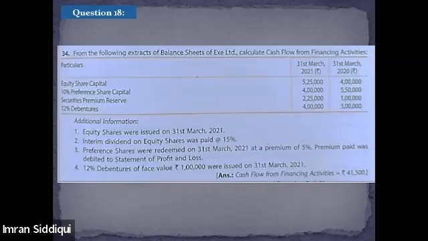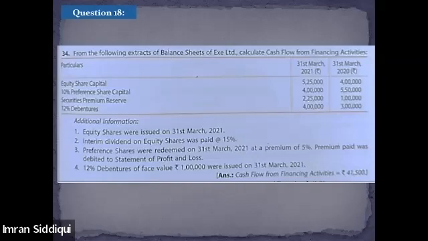4 lakh. No, we will calculate it on the 5 lakh because we have redeemed at the end of the year. So that means for the entire year, the preference shareholder balance has been maintained at 5,50,000, right? So we will have to pay the interest on the amount that we have maintained throughout the year.